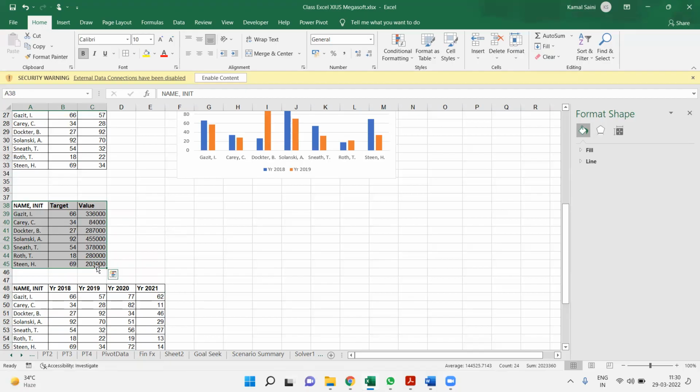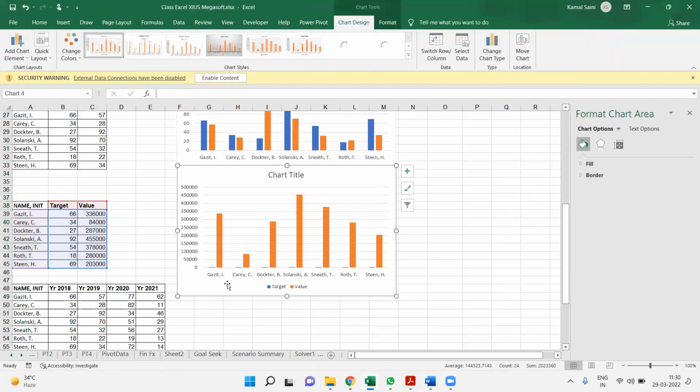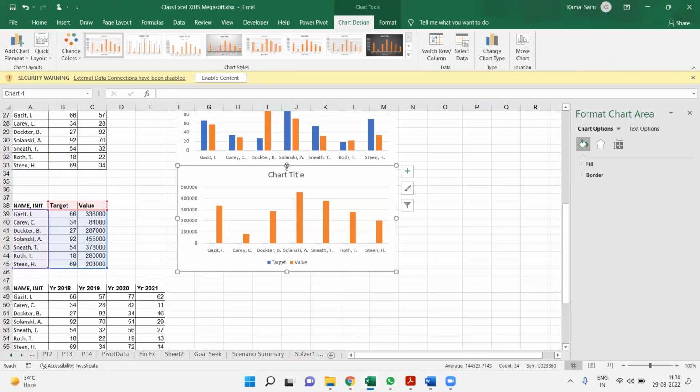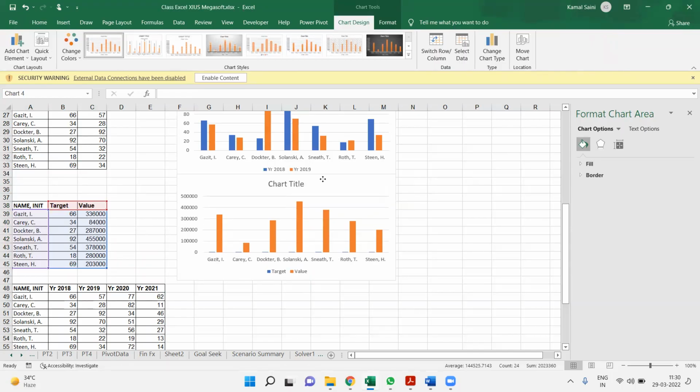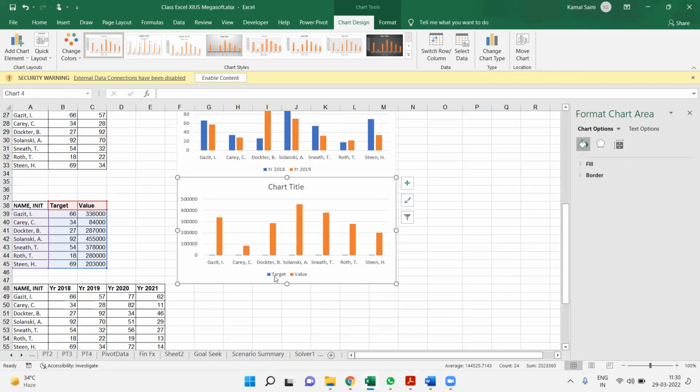Now, if I want to do a chart for this kind of data, I have created a column chart for this. Here, one entity represents the target, one entity represents the value. But only the value, the orange, is visible; the blue is not visible anyhow.